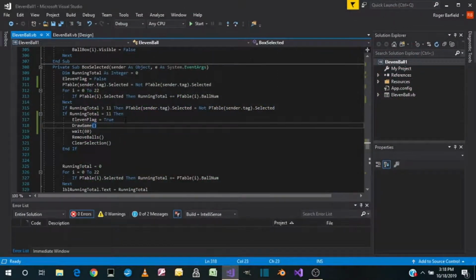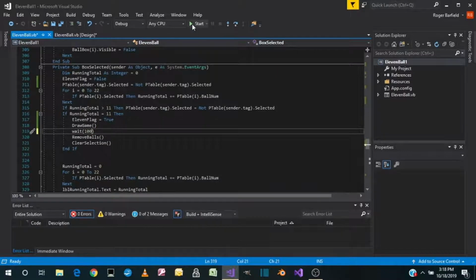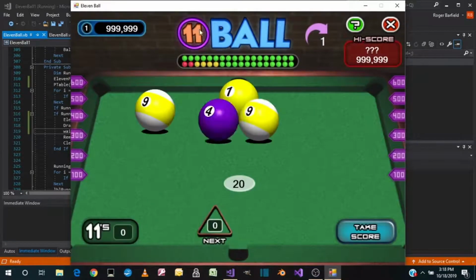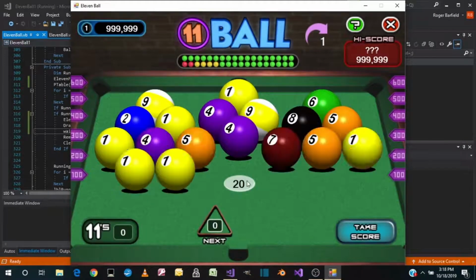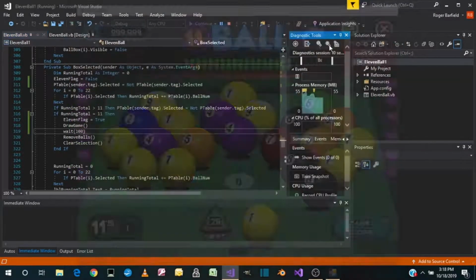Let's make it a little bit longer, just for demonstration purposes. Maybe even longer.